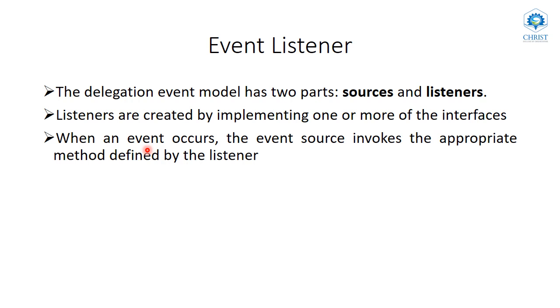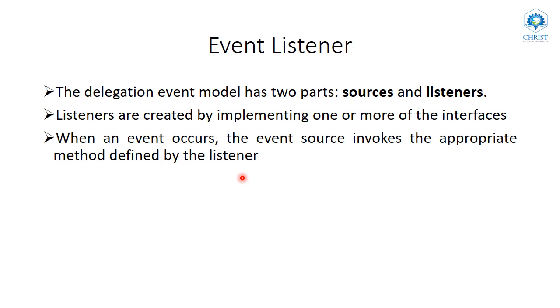Whenever an event occurs in a source, the source will call the appropriate method inside that listener. That call takes place automatically. We don't have to call a method inside the interface specifically. The only thing we have to do is implement the corresponding listener and register the listener with the source.